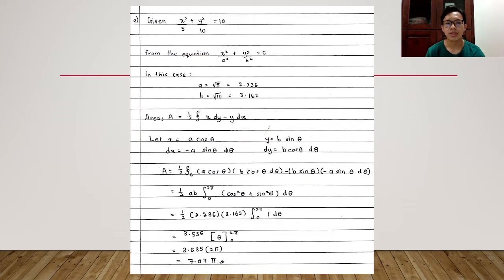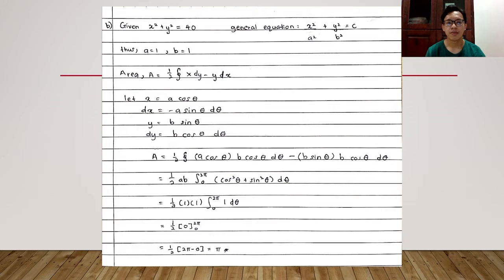So we substitute in a and b, and for x and y we find dx and dy. Then we substitute the dx and dy to get the final answer of 7.07 pi.